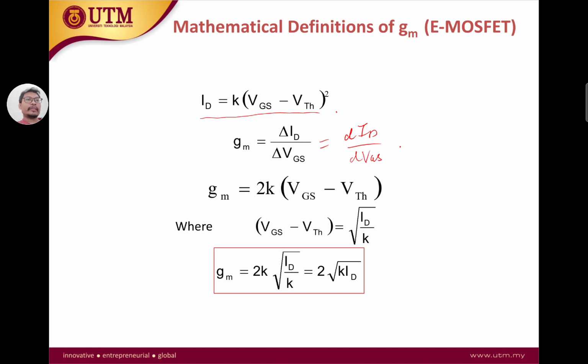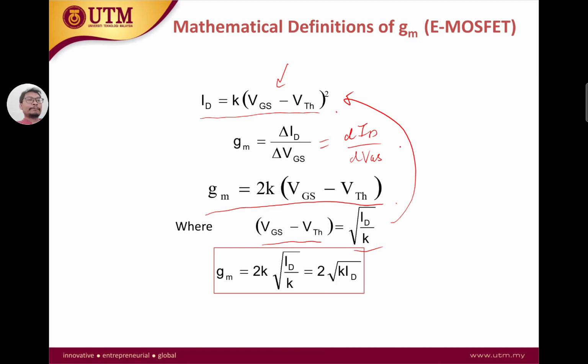If you take the derivative, we get GM equals 2K (VGS minus VGSTH). We also know that VGS minus VGSTH is the square root of ID over K, which comes from the ID equation. If we take out VGS minus VGSTH, we get the square root of ID over K.